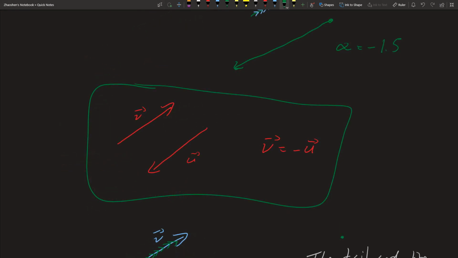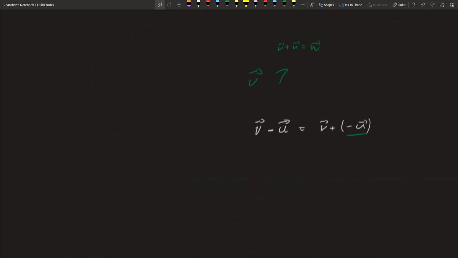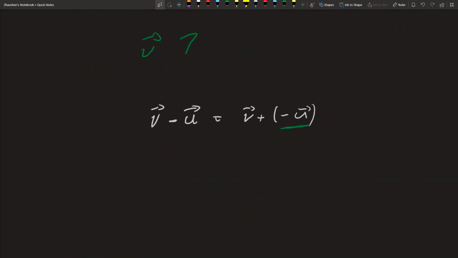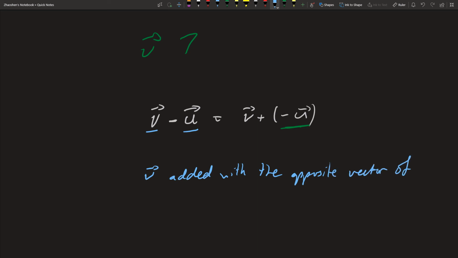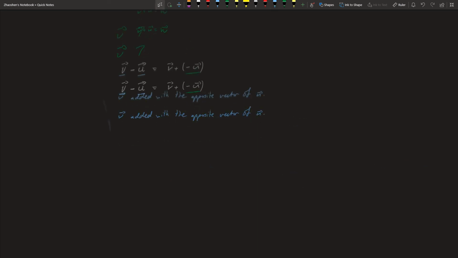The negative of another vector, in this case u, they are opposite vectors. That means, let's go down, the difference between v and u is just v added with the opposite of u.